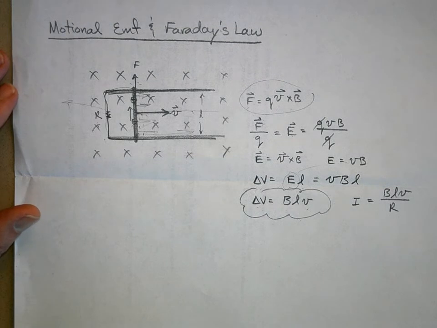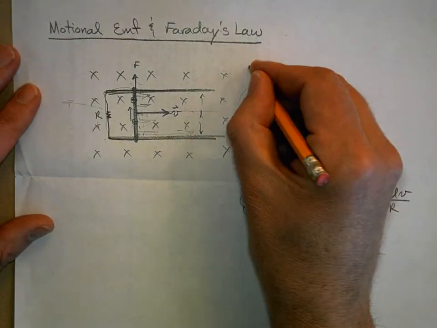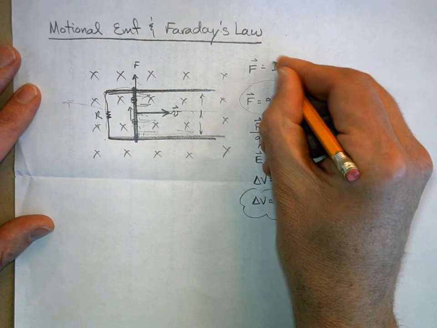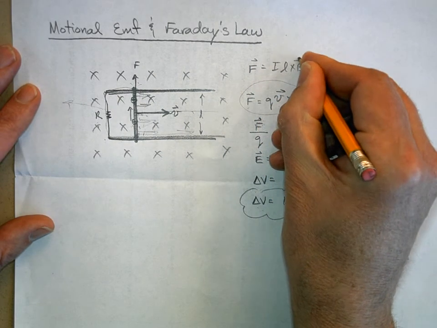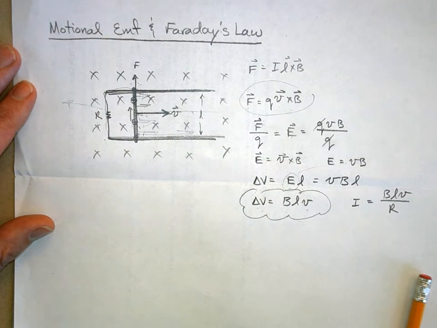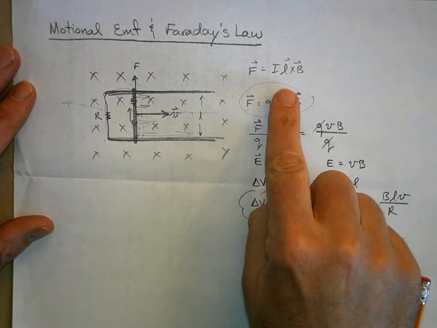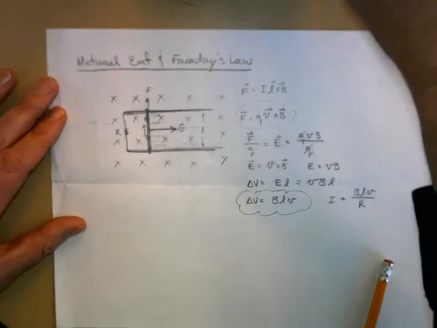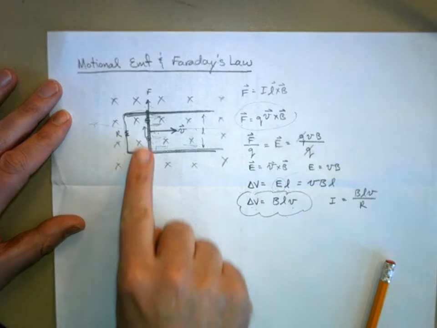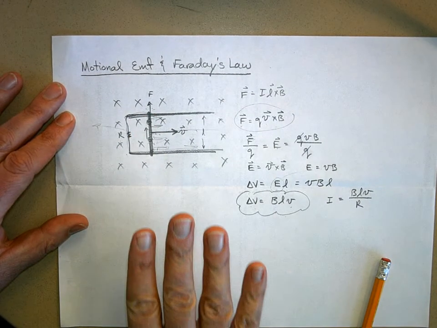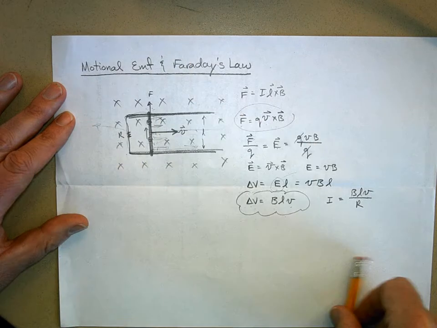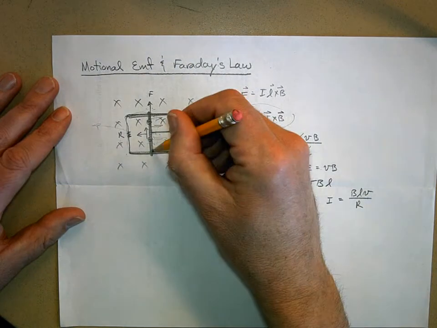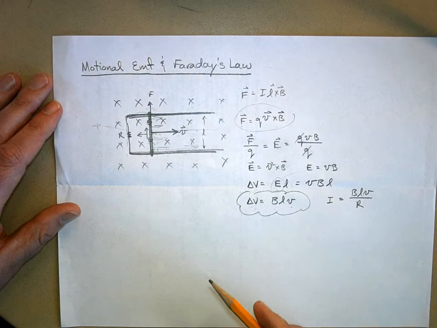And if I have a current, F equals I L cross B. Here's the direction of the current. Let me zoom out even more. I got a current moving up here, IL cross B. That means there's a force like this. There's a magnetic force on this wire moving to the left.